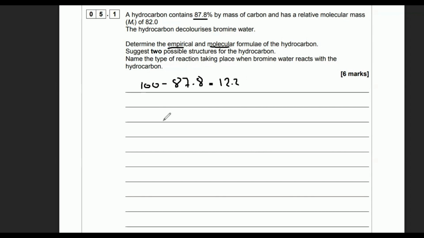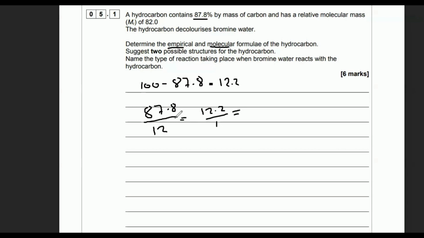In order to work out the empirical formula, you can pretend these are grams, so you've got 87.8 grams or 12.2 grams and you're working out moles. You do the percentage over the Ar of that particular element. For carbon, the Ar is 12, and for hydrogen, the Ar is 1. So that is our first step.